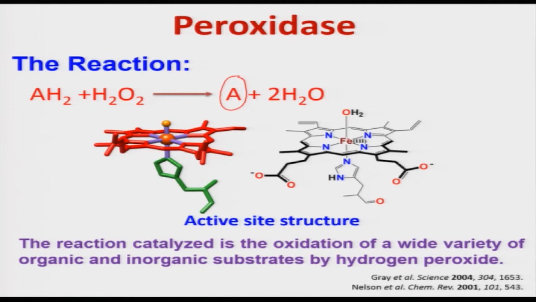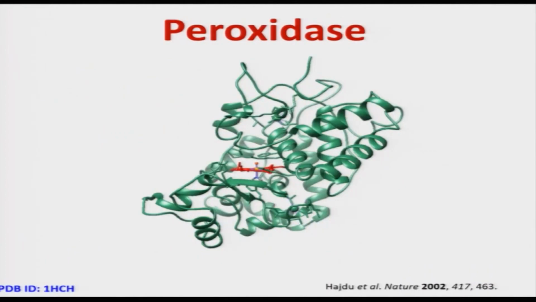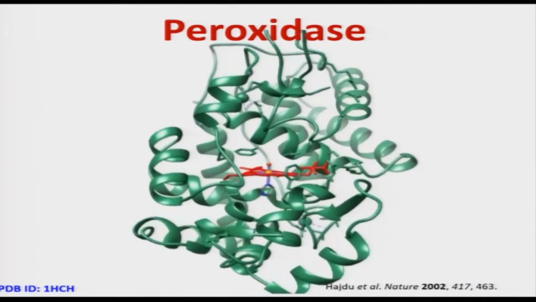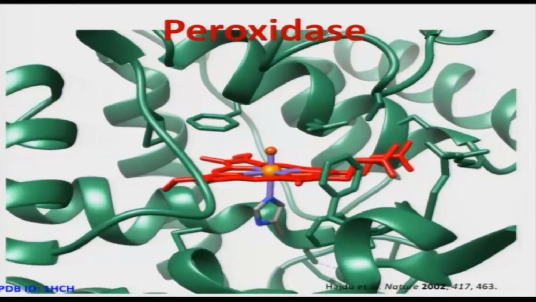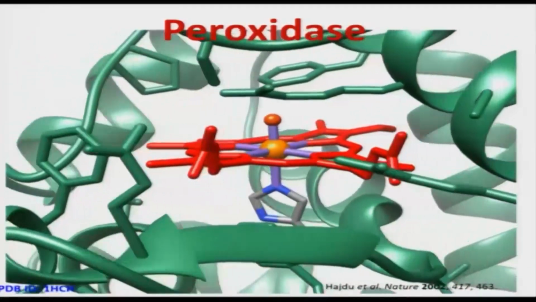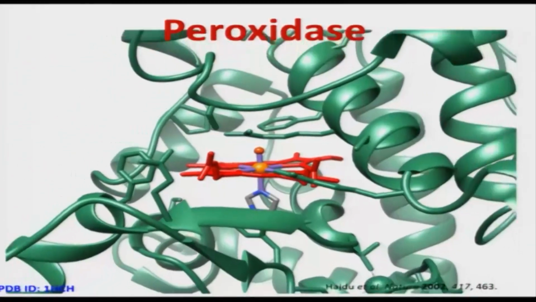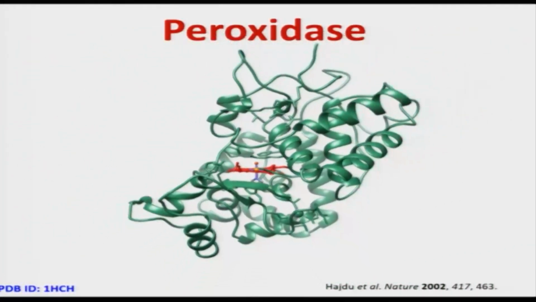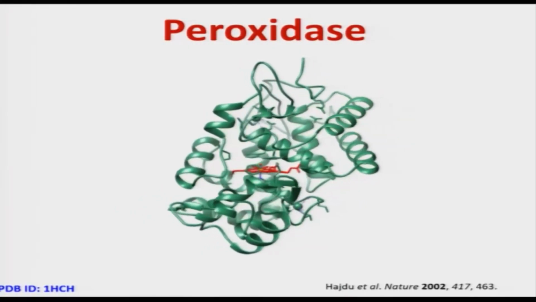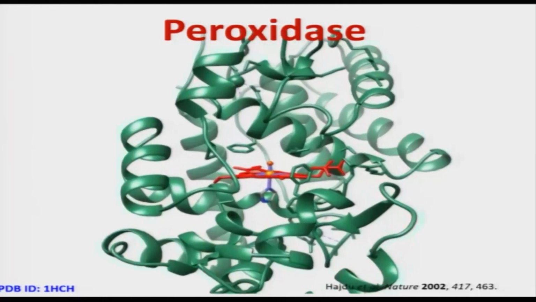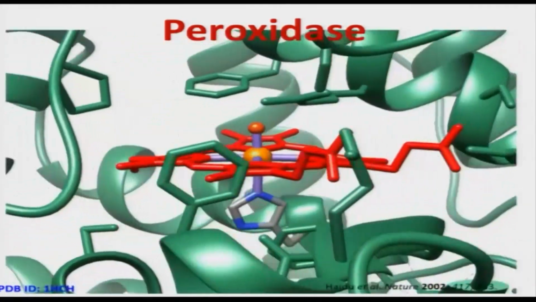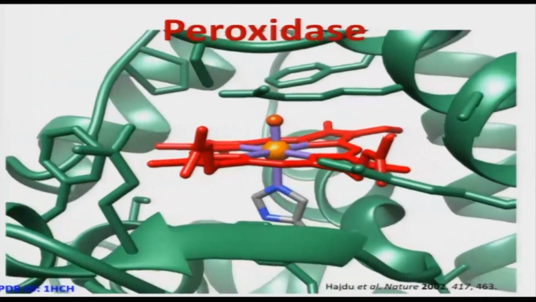The water is ligated to the iron 3 center. The X-ray structure of peroxidase is shown over here, and as one can see very clearly, huge protein chains are wrapping these heme centers, and they actually dictate what kind of substrate would come, and the specificity of the reaction. I will be showing you that very soon in detail.